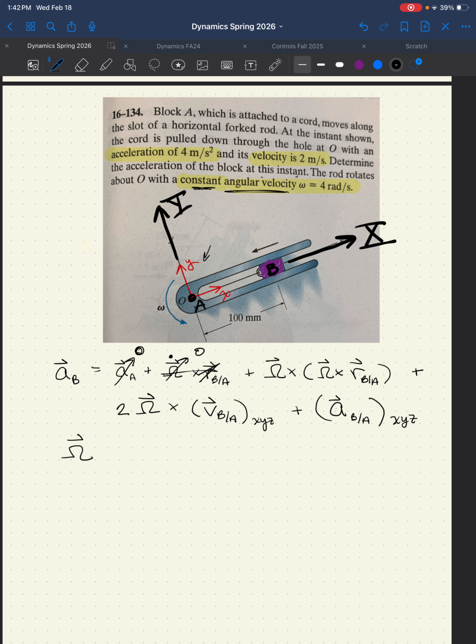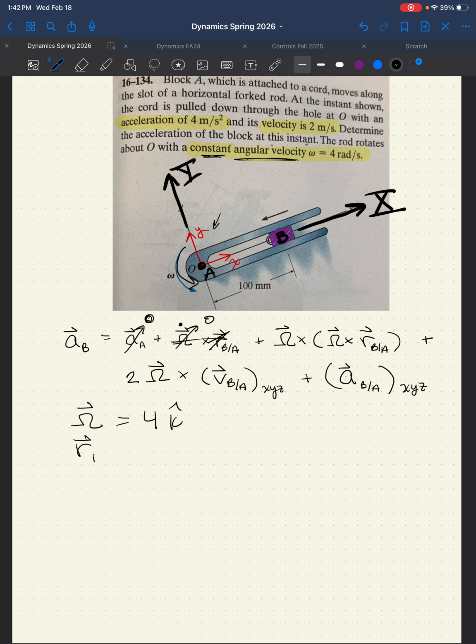Omega is the angular velocity of the forked rod, or that little red frame. And I'm told that omega is going this direction at 4 radians per second. If I do my right hand rule and follow my fingers in the direction of that omega arrow, my thumb points out of the page in the direction of positive z. So omega here should be positive 4 k hat.